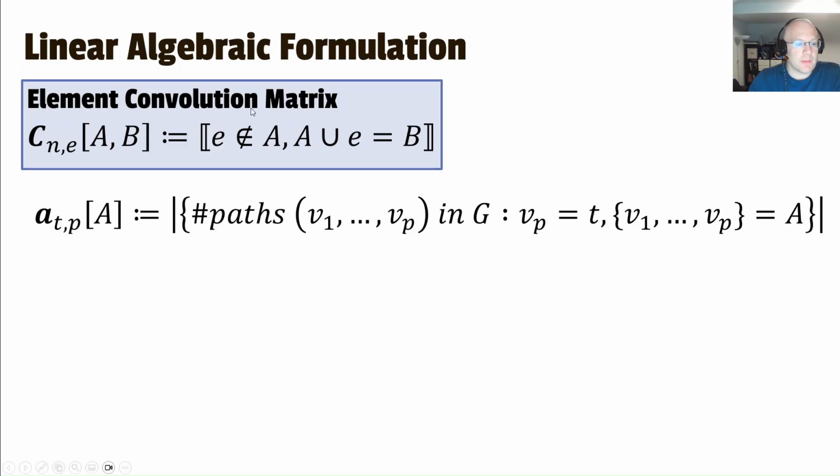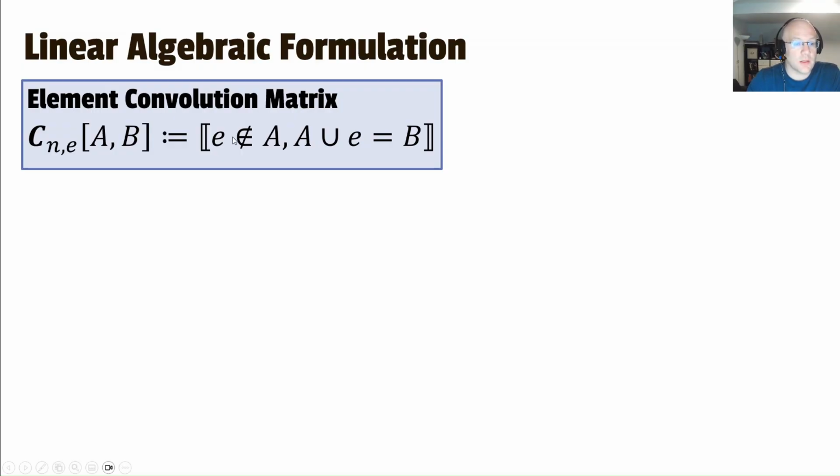And it's also a binary matrix, but here the ones of the matrix indicate that the element E is not in A, and if I union A with E together, then I get B. So intuitively you could try to say, like, I want to insert the element E into A, but I can only do this when E is not in A already, and if it's not in A already, then I obtain B by doing this insertion.